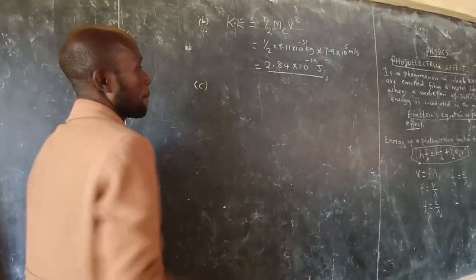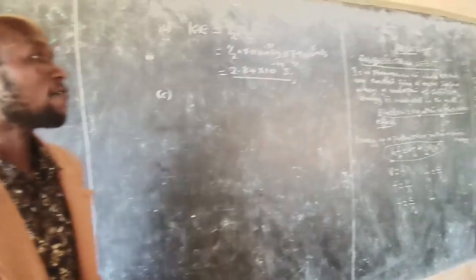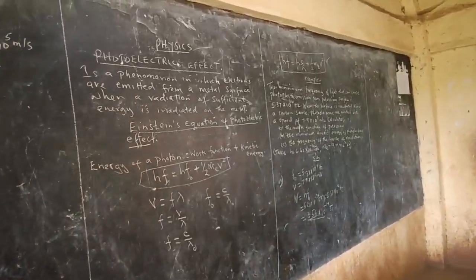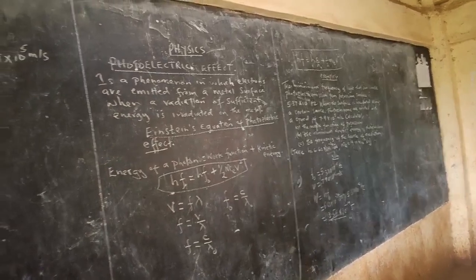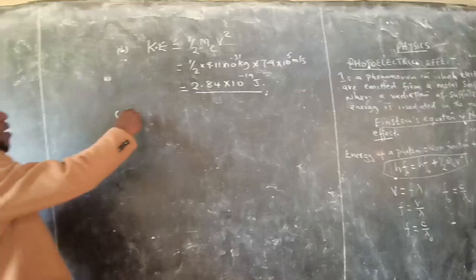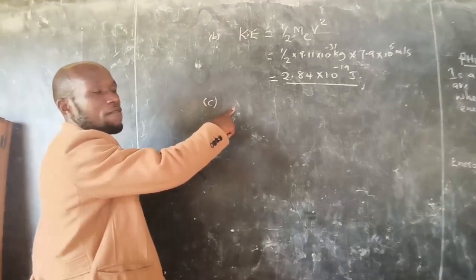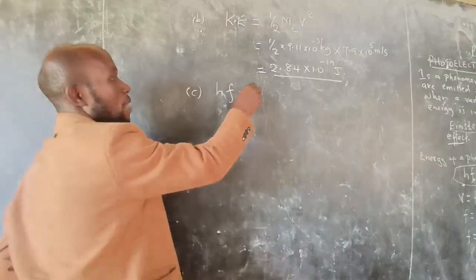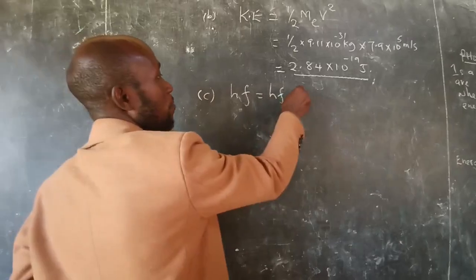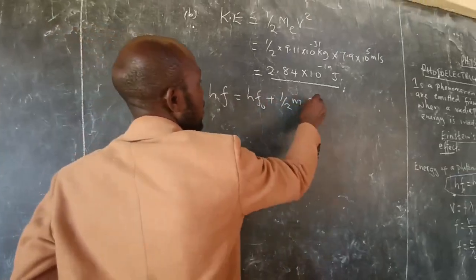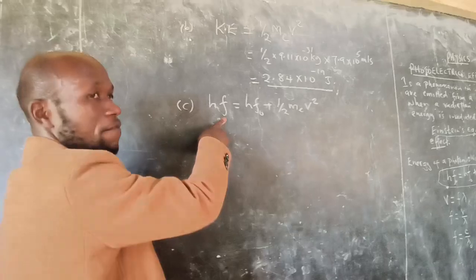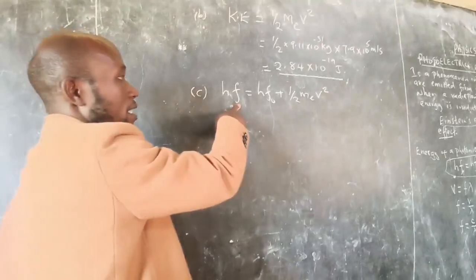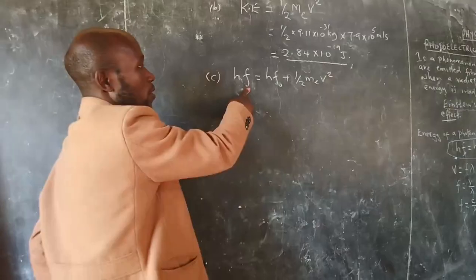Considering the last question, number C. The frequency of the source of irradiation. From the total energy of a photon, hf is given by the work function plus the kinetic energy. Frequency f here represents the frequency from the source of irradiation.